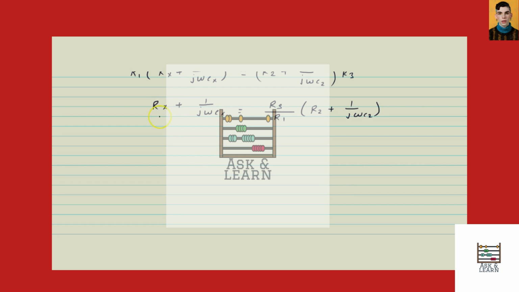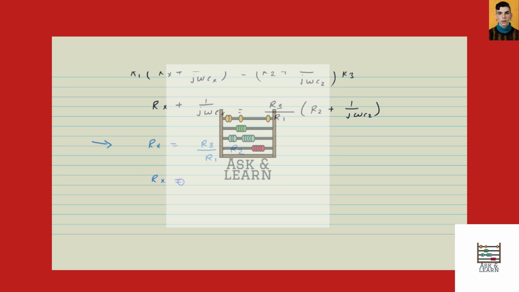Now by separating the real part and the imaginary part. First, if we separate the real part, then the equation will be Rx equals R3 upon R1 into R2.